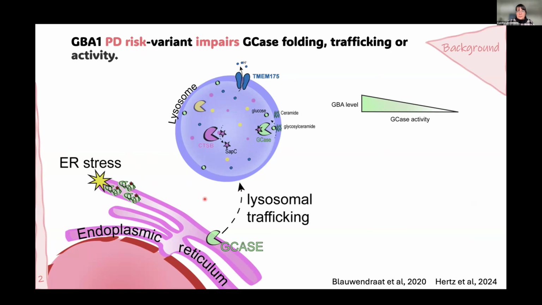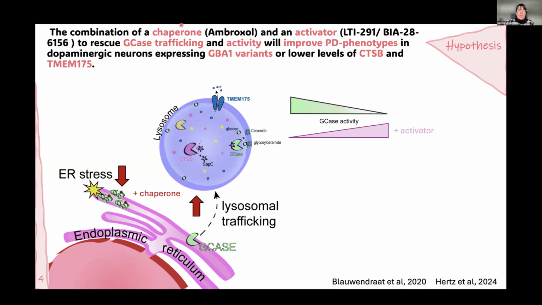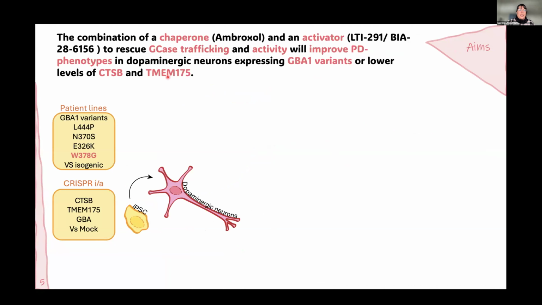So the idea is that we want to use a chaperone that will help to restore the trafficking from the ER to the lysosome, and an activator to increase the intrinsic GCase activity to rescue the GCase trafficking and activity and improve PD-related phenotype, either in GBA1 variants or in CTSB and TMEM cell lines.